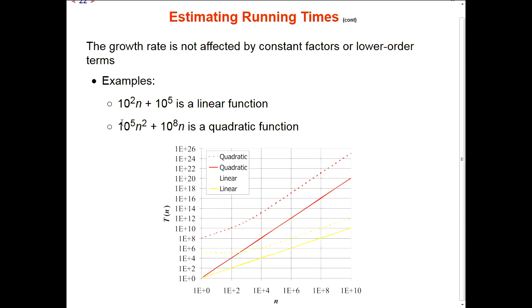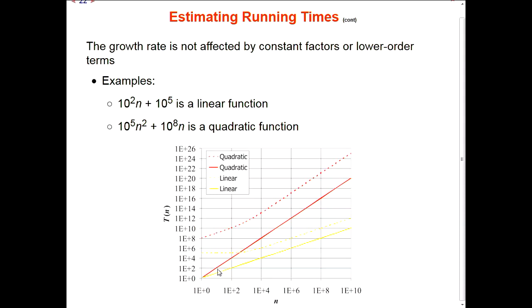If, for instance, we have a quadratic function, 10 to the power of 5 as a constant factor times n squared, and we have a very, very large linear factor within that function, then that linear part of that function actually does not affect the growth rate of that function, which is quadratic because of that higher order term that we have in here.